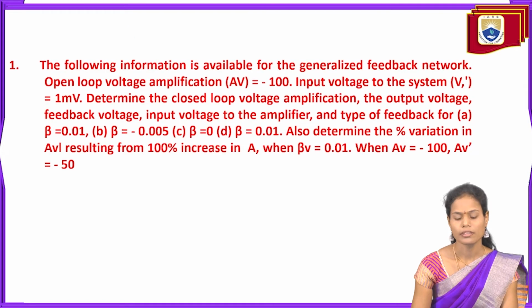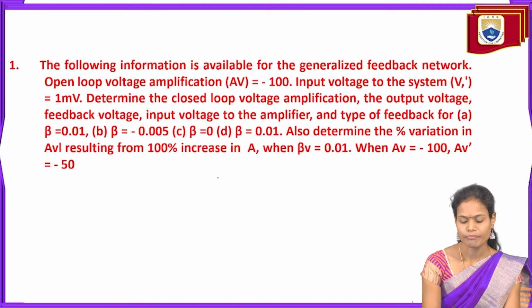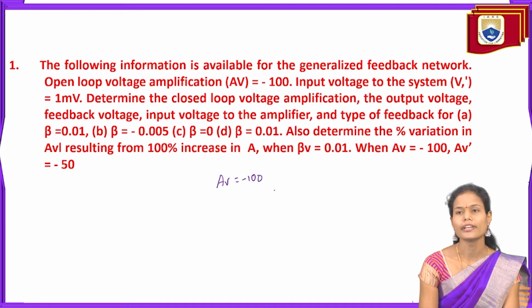In that, the first question is a problem related to the feedback amplifier. Here they have given the feedback amplifier parameters: the voltage gain AV equal to minus 100, and the input voltage to the system V1 equal to 1 millivolt.